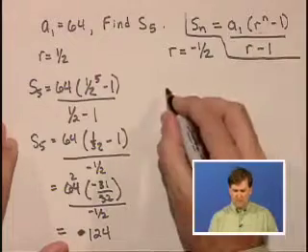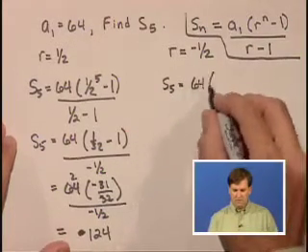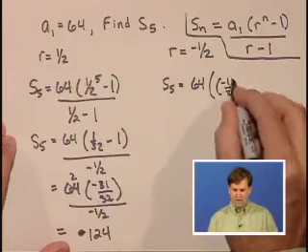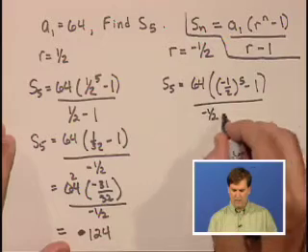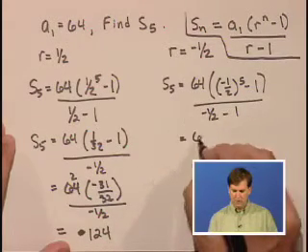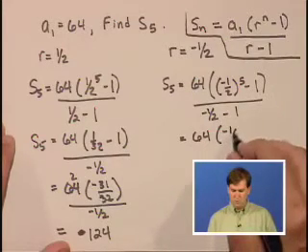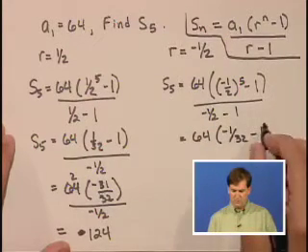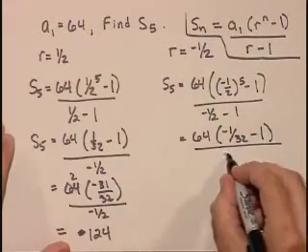The same formula applies. S5 is equal to 64 times negative 1/2 to the 5th minus 1, over negative 1/2 minus 1. Negative 1/2 to the 5th is negative 1/32, minus 1, over negative 1/2 minus 1, which is negative 3/2.